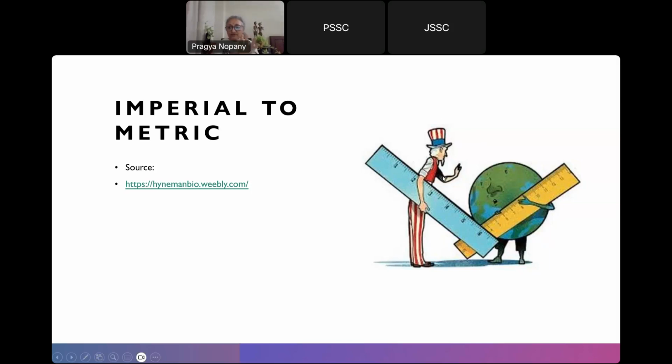This tall man is of course representing the colors of the flags of the British Empire. But why do you think that this sphere is shown here with the metric scale? So what is your idea why the artist is depicting the centimeter scale in the hands of a sphere? Let's see what is your idea in the chat box. Why do you think that this sphere is there?